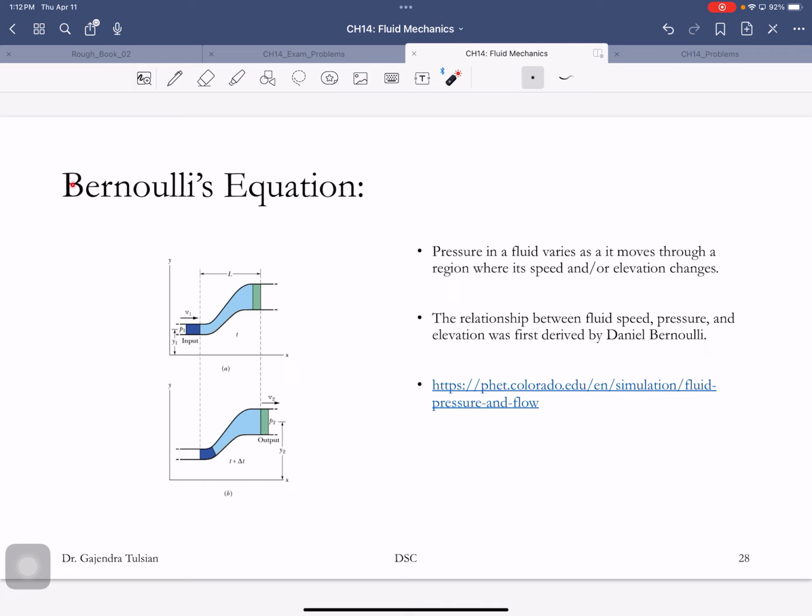Now, the next important equation we'll study is Bernoulli's equation. Here's the deal. Now we're looking at a pipe where the area of cross section is changing and the elevation is also changing.